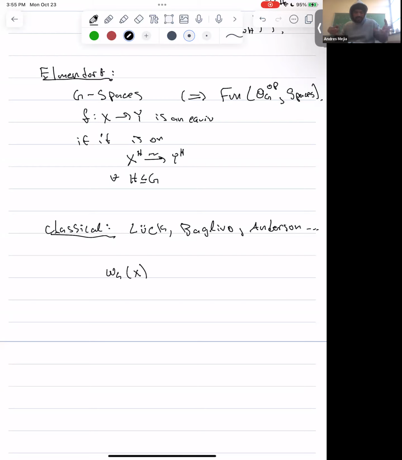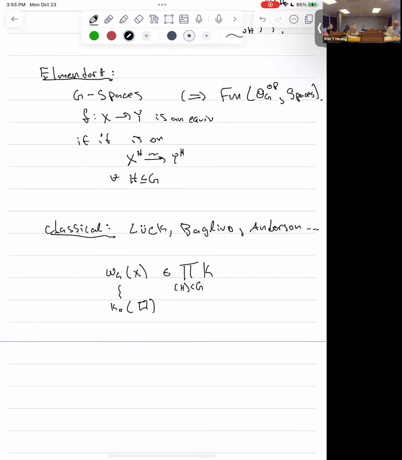And what they said is that there's some object that's usually related to K0 of something. Non-equivariantly, it's pi zero of the K theory of the group ring on the fundamental group. And they said that it was in some giant space like this, in the K theory, or let's say K0, of H, but you took a semi-direct product with WH.